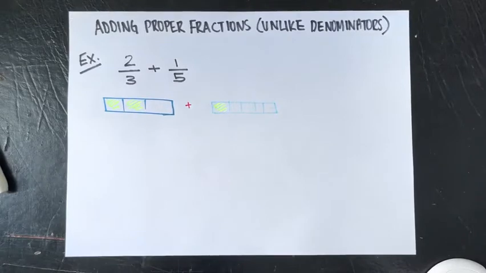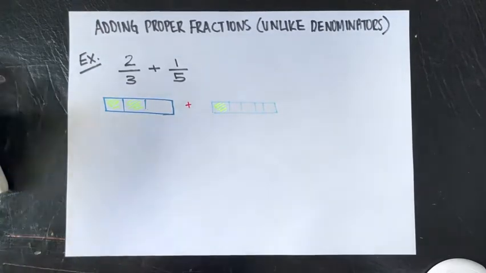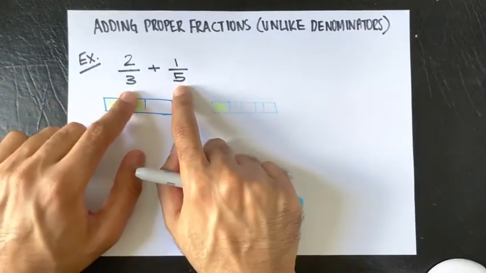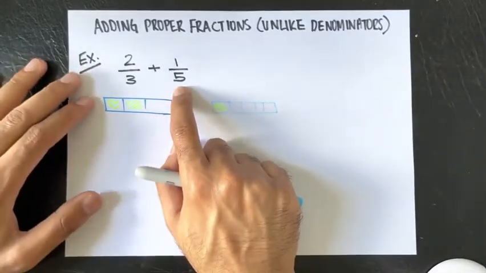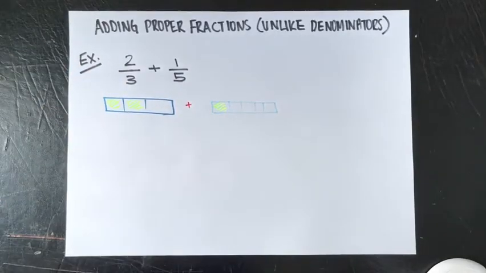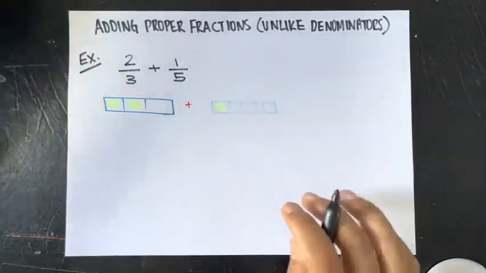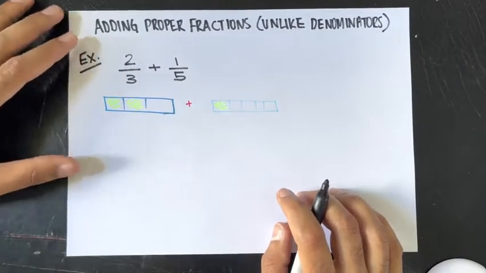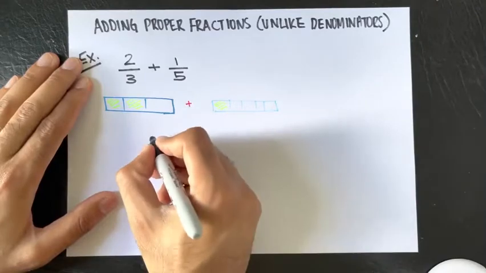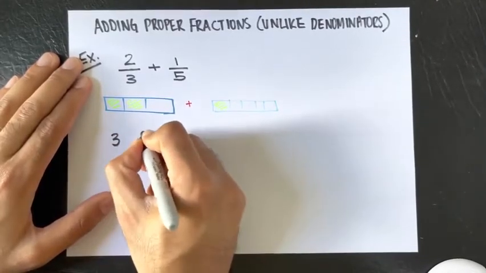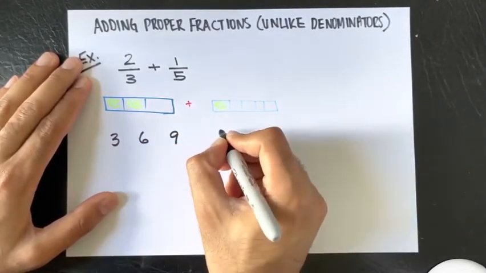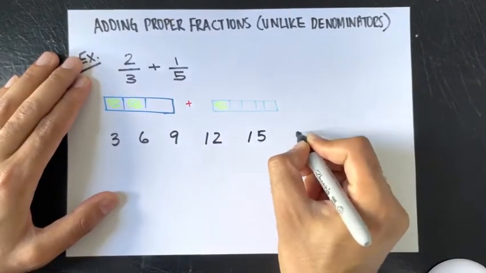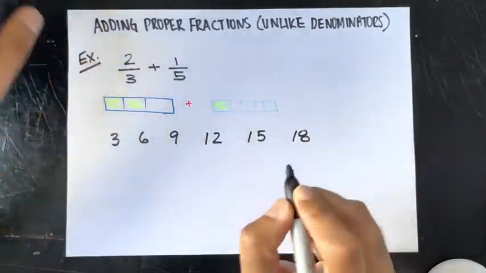So in this case it requires a few extra steps in that you need to be able to nominate the lowest common multiple amongst the 3 and the 5. Okay. So if we quickly outline the 3 times table, it goes 3, 6, 9, 12, 15, 18.